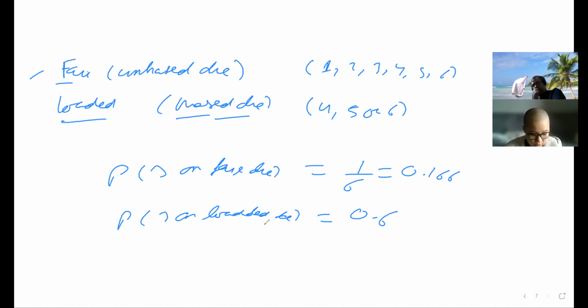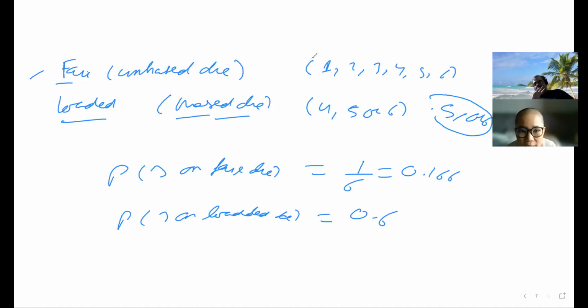But my understanding is, where did you get the 0.6? How did you calculate the 0.6? See, when you are talking about a biased die, let us suppose in a biased die you only want 5 or 6.